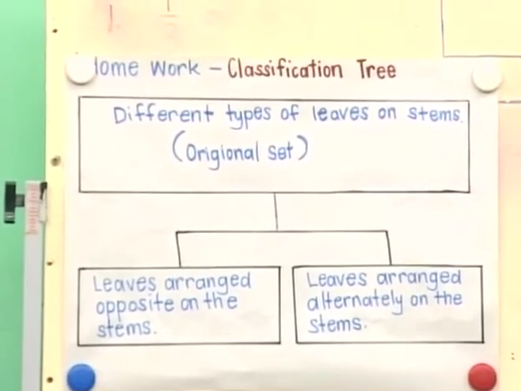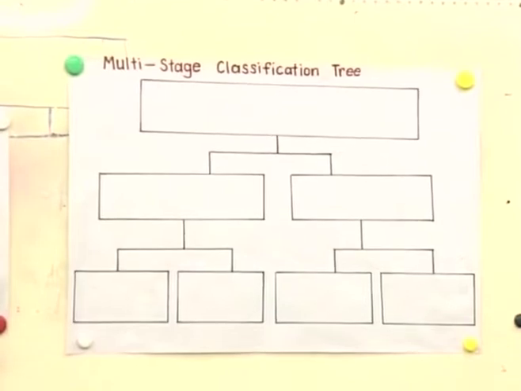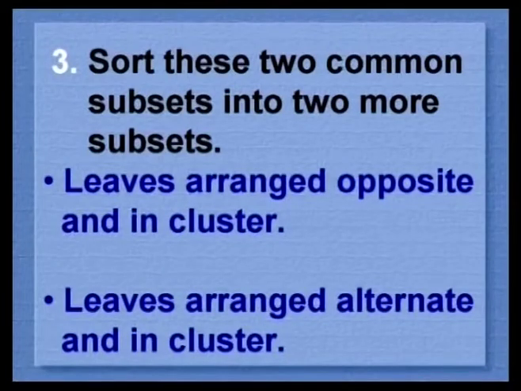So it becomes something like this. The subsets that you are going to make: leaves arranged opposite and in cluster, leaves arranged alternate and in cluster.